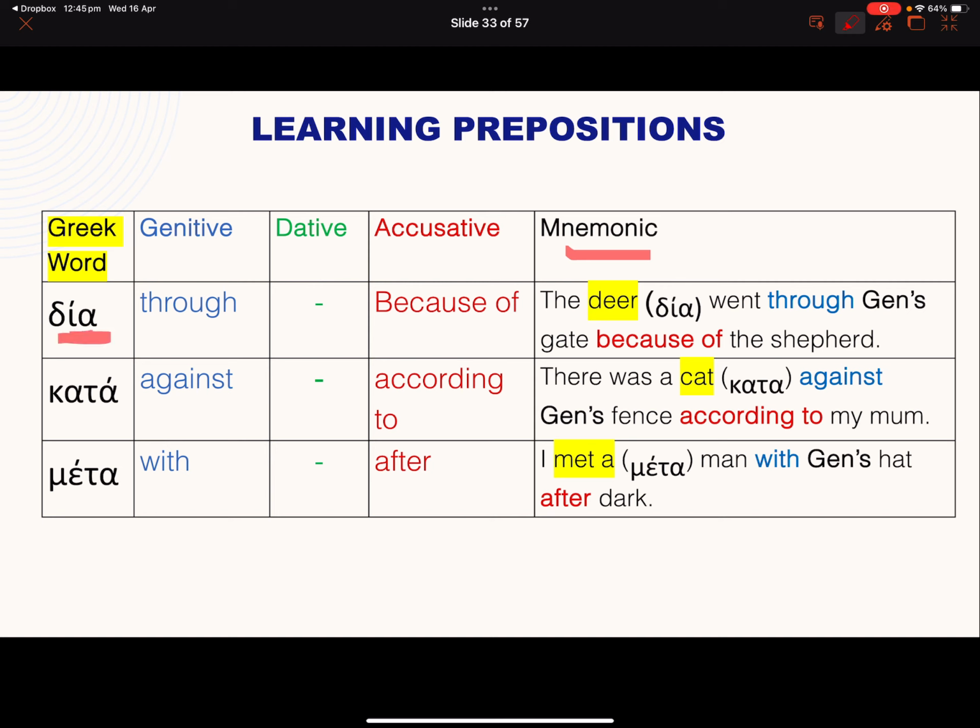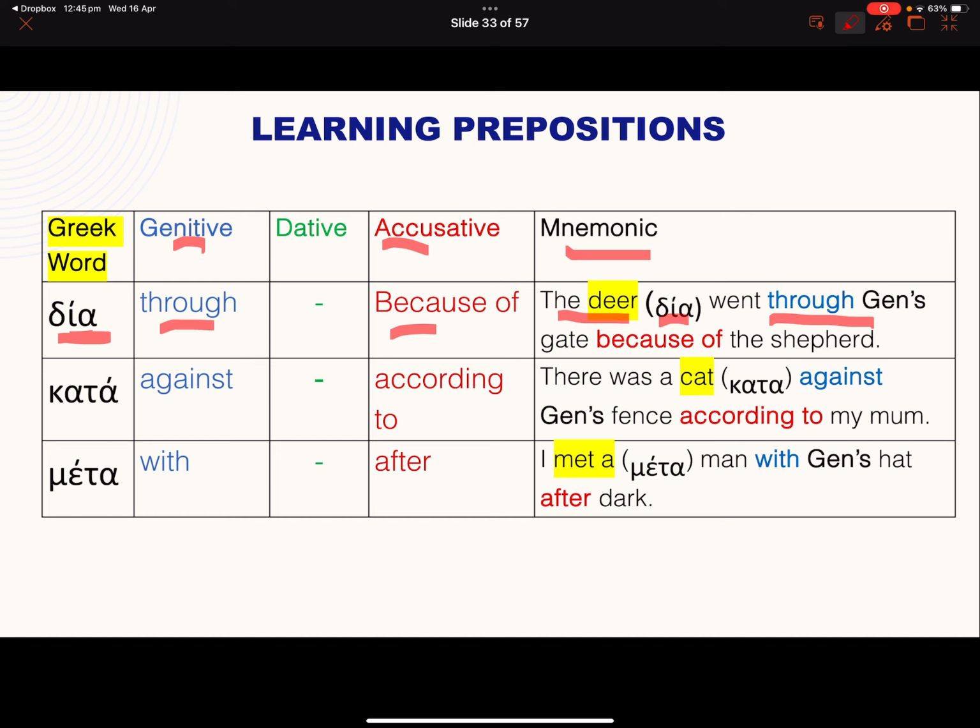So here's an example. I've got my Greek word dia, and I know that when dia is followed by something in the genitive, it means through. And when it's followed by something in the accusative, it means because of. So I've come up with a sentence to remind myself when I see the word dia. Here's my sentence: the deer, that sounds a bit like dia. The deer went through, so that's the first word I'm going to remember, genitive.